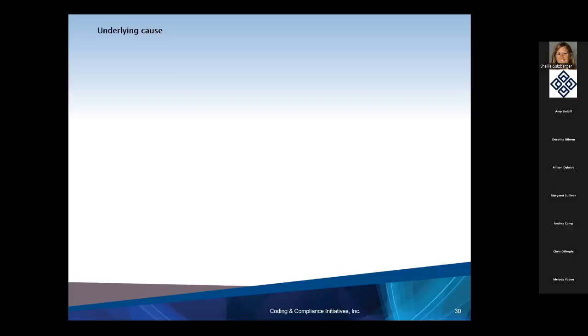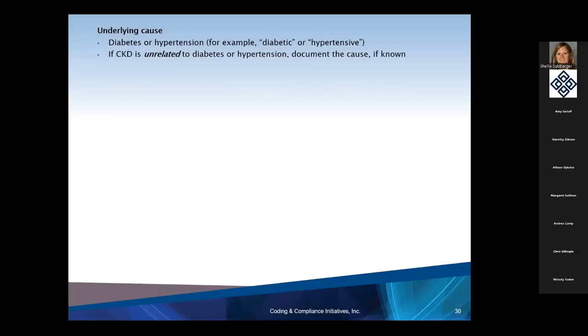All right, so remember, we're looking for the underlying cause, diabetes or hypertension. We're looking for, is that chronic kidney disease related or unrelated to the diabetes or hypertension? If it does not specify unrelated, there's always a cause and effect that is assumed from a coding perspective.